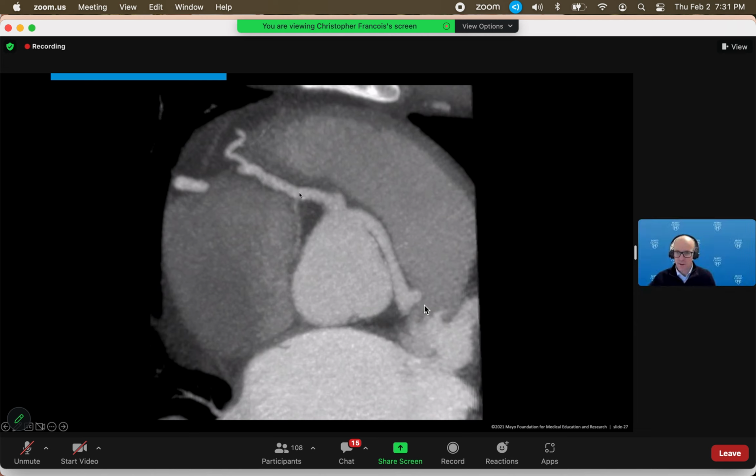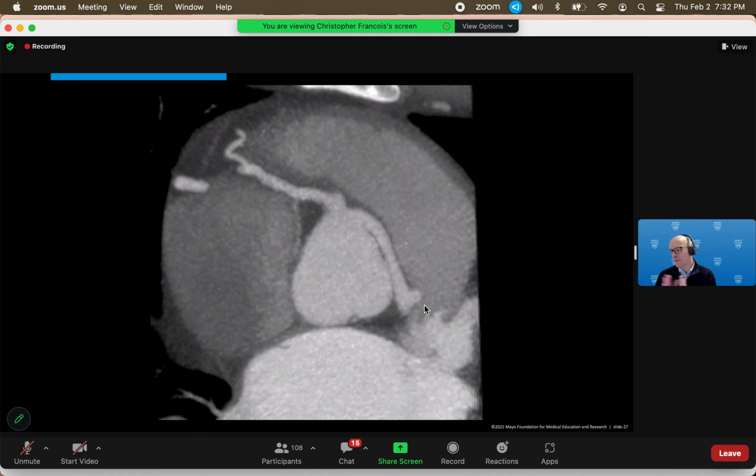So this is the right coronary artery, right cusp, posterior cusp, left cusp. And so this is the anomalous left coronary artery coming off of the right cusp and then coursing in between the aorta and the main pulmonary artery. And we would want to look at it carefully in the sagittal oblique view to see if there's any signs of compression.